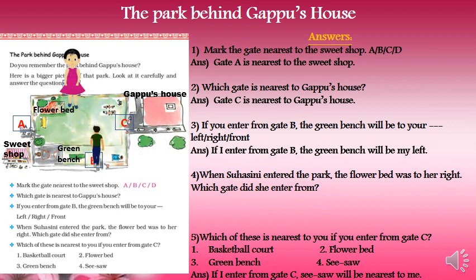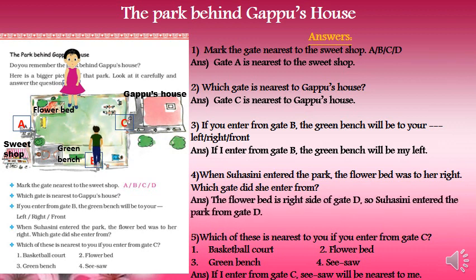Suppose Suhasini entered from gate D. Then the flower bed is on which side? Yes, on her right side. So the flower bed is on the right side of Suhasini when she enters from gate D.